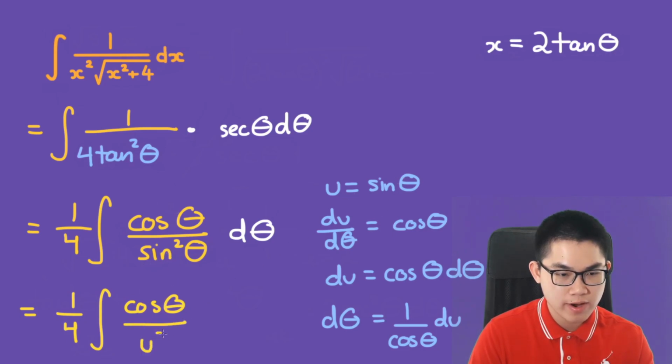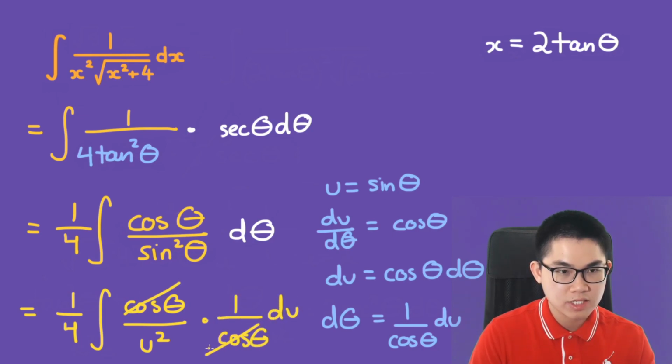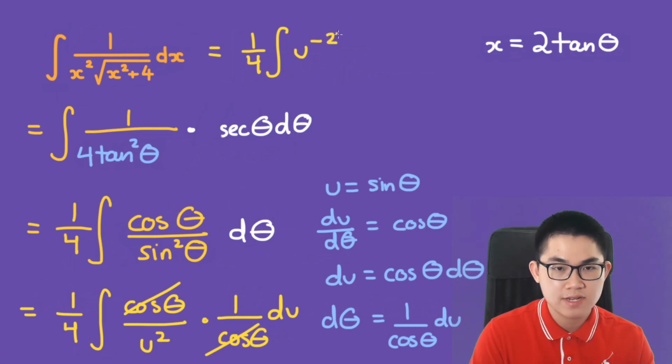So we have u squared times d theta, and d theta is 1 over cosine du. And the cosines will cancel out. So we have 1 over 4 times the integral of 1 over u squared. And let's go ahead and write it as u to the power of negative 2, then we have du.